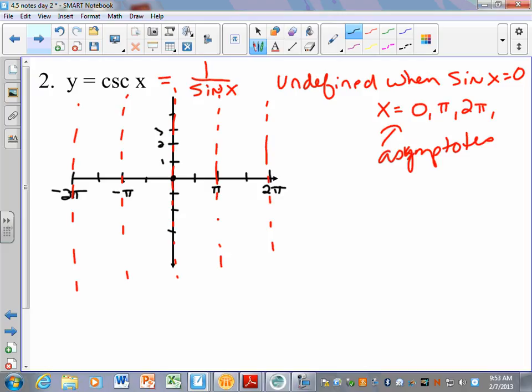And then at pi halves, what happens with sine? It goes up to 1. And then it goes back to 0 at pi, right? It makes that little parabola going down. And then at 3 pi halves, we go down to negative 1, and we go back to 0 at 2 pi, right? That's what sine looks like.